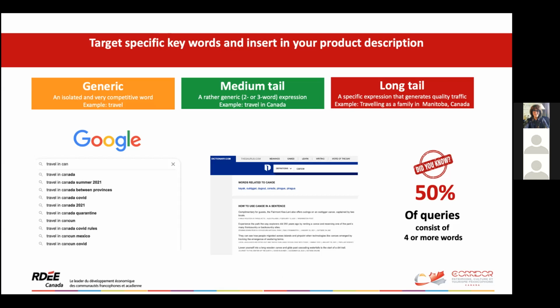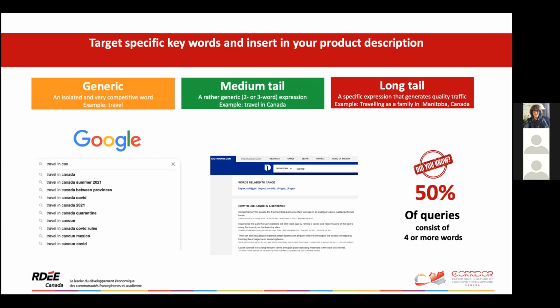The most interesting one, and my favorite, is called the long tail. So that's the huge part of searches done online are with the long tail. The example I use here is traveling as a family in Manitoba, Canada.